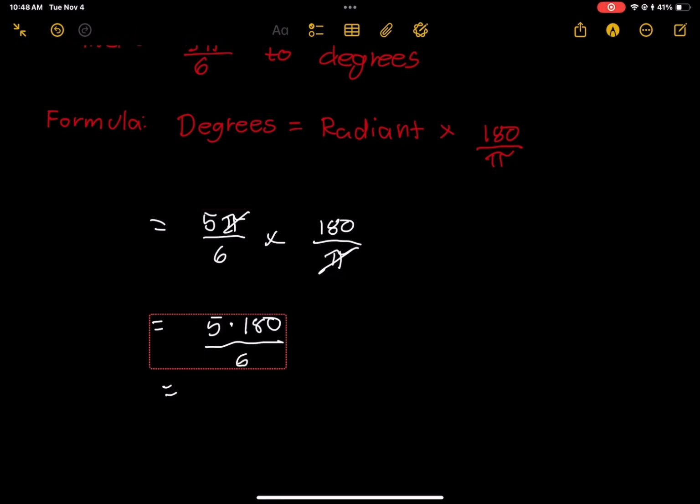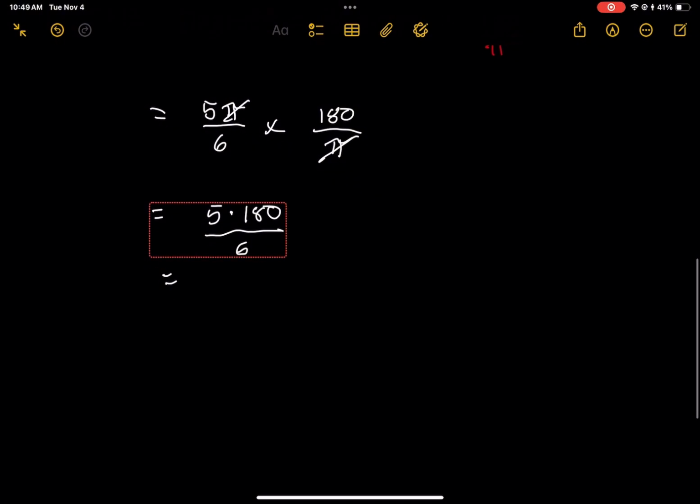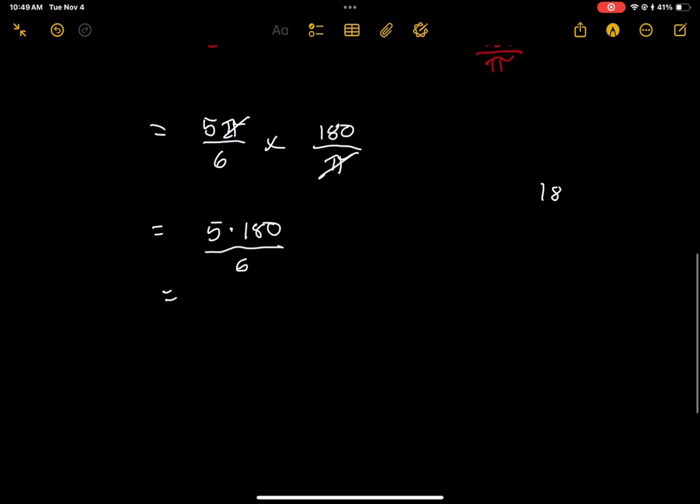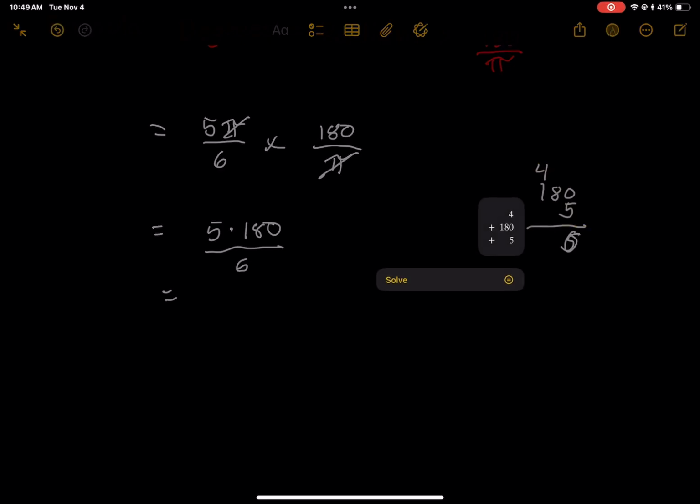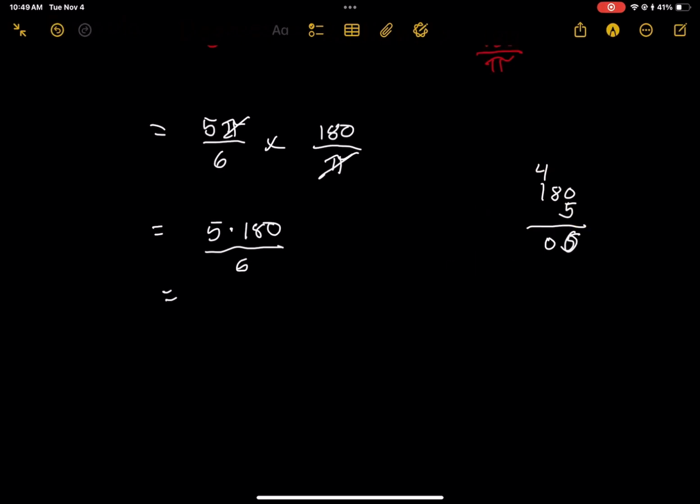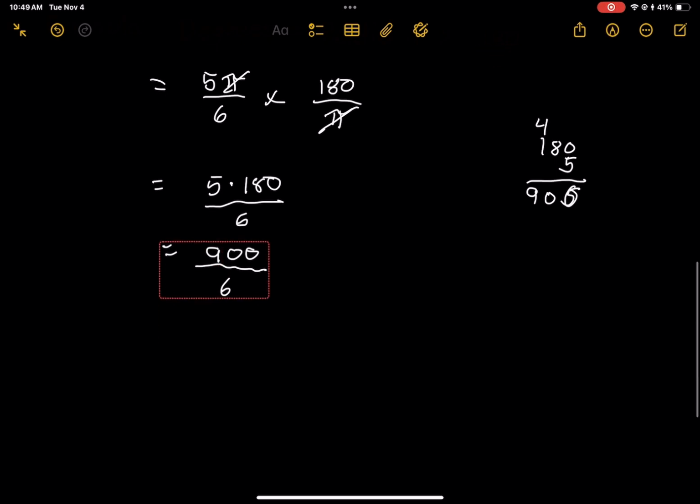So 180 multiplied by 5 is 900, so we'll have 900 over 6.